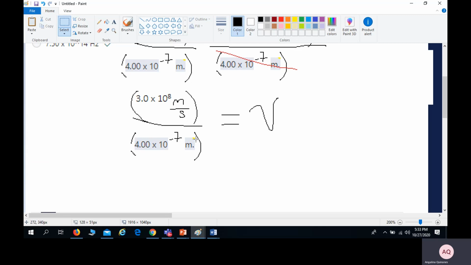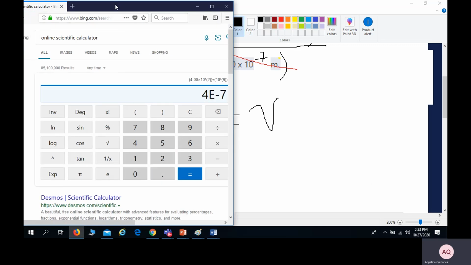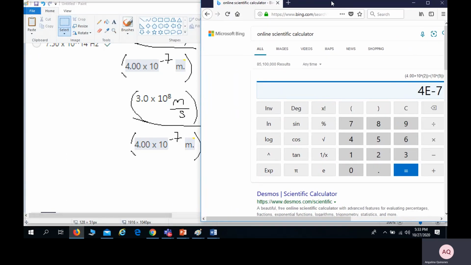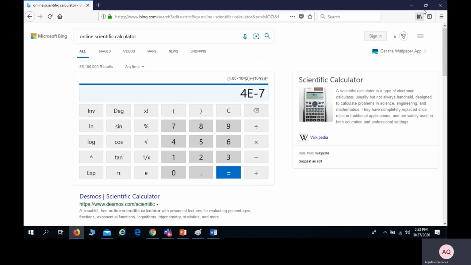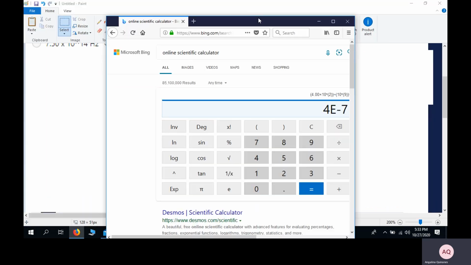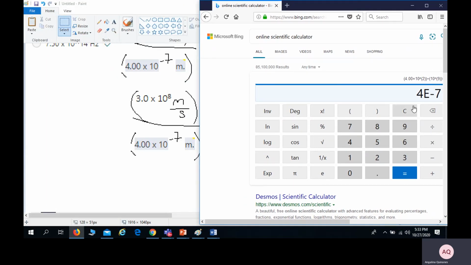So you just divide these two numbers. You can do that in your calculators. So just please make sure you use parentheses, like I said. So that's going to be parentheses 3.0 times 10 to the power of 8, divide by parentheses 4.00 times 10 to the power of negative 7.